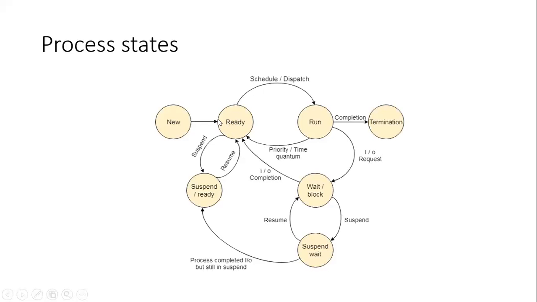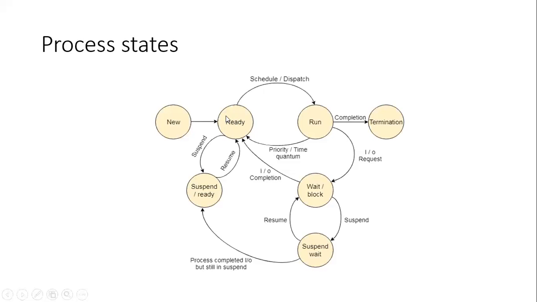Now this process needs to be executed. As I told you in the last session, a process requires resources for execution. So this set of processes which are ready for execution requires resources. Suppose the ready queue contains 10 processes.